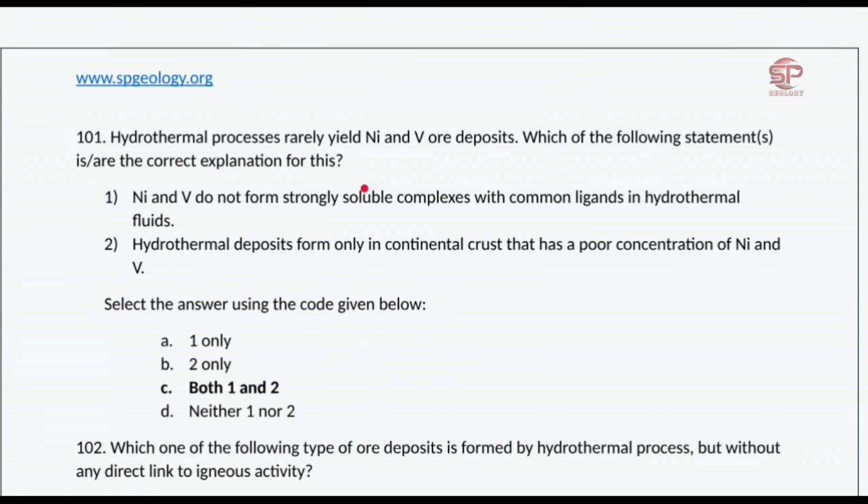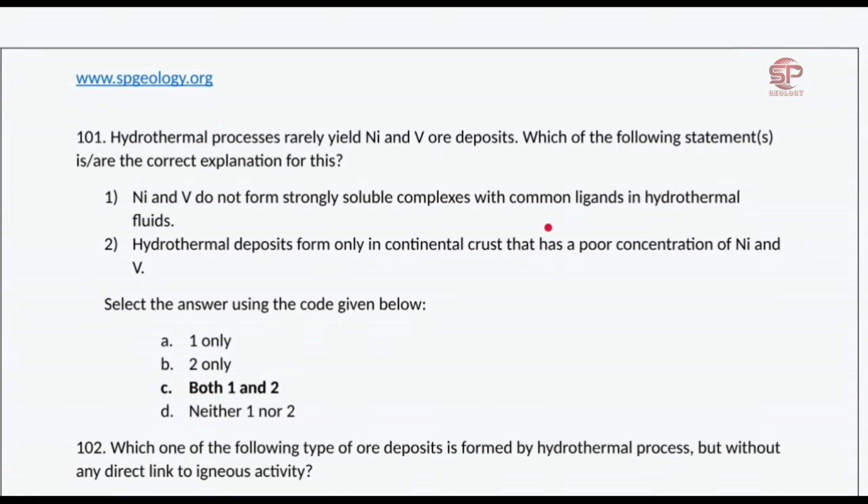So hydrothermal processes rarely yield nickel and vanadium ore deposits, because nickel and vanadium can form complexes or bond with ligands. This is a very required condition for a hydrothermal fluid, because the fluid should be enriched by replacement reaction. तो उसके हिसाब से कोई रिप्लेसमेंट रिएक्शन होके हाइड्रोथर्मल सॉल्यूशन में ऐड होगा, उसके बाद हाइड्रोथर्मल सॉल्यूशन रीचर होके कोई भी ओपन स्पेस से जाके डिपॉजिट हो.